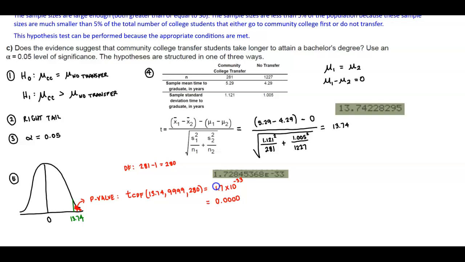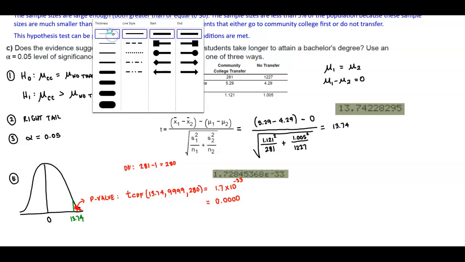Okay, so that's going to be our p-value. Now, we can use the formula to find a p-value by using all this information, but because the p-value is going to be 0, we don't need to go further on it. So we know that our p-value is going to be 0.0000. Okay, now let's go ahead and continue.